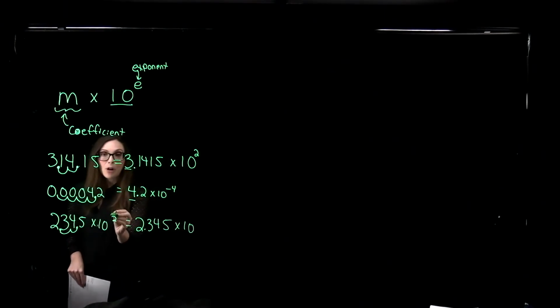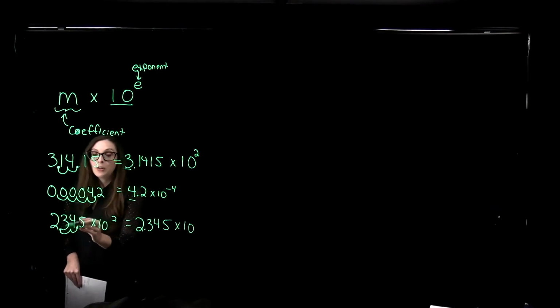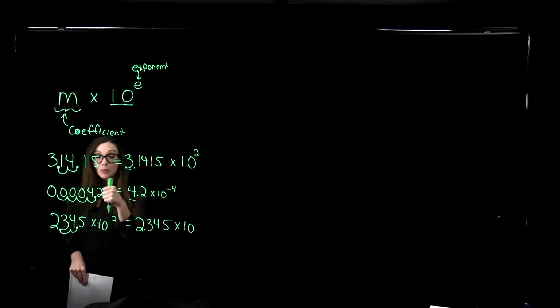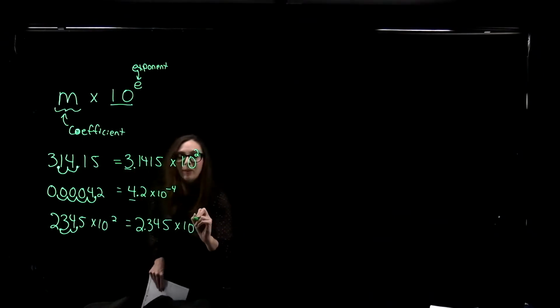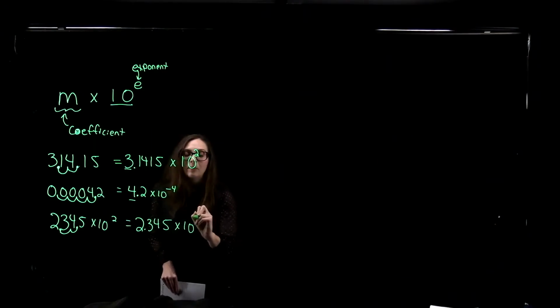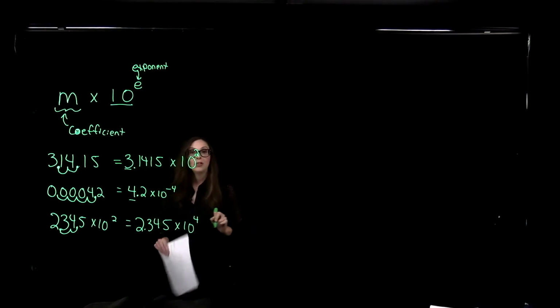Well, we already have our 2 here, and then I had to move it 2 spaces to the left, which gives me a positive 2 on my power of 10, my exponent. So then my number becomes 2.345 times 10 to the 2 plus 2, because I moved the decimal 2 spaces to the left. So that becomes 2.345 times 10 to the power of 4.